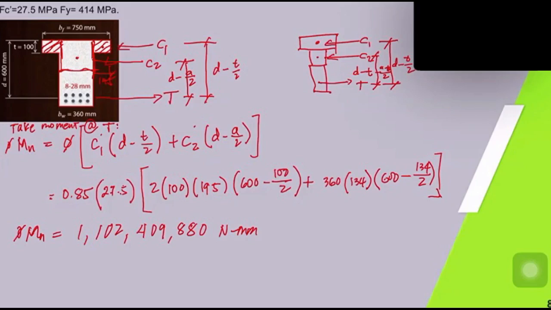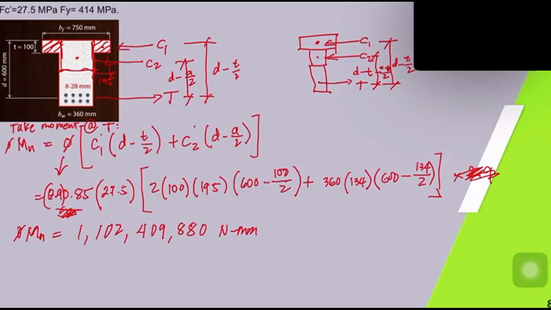Na-multiply yung phi. Meron ba itong phi? Multiplied by 0.9. Nakalimutan ko yung phi. May 0.9 pa dito. 0.9 is the phi. Ito yung concrete pa lang, yung 0.85 Fc prime.